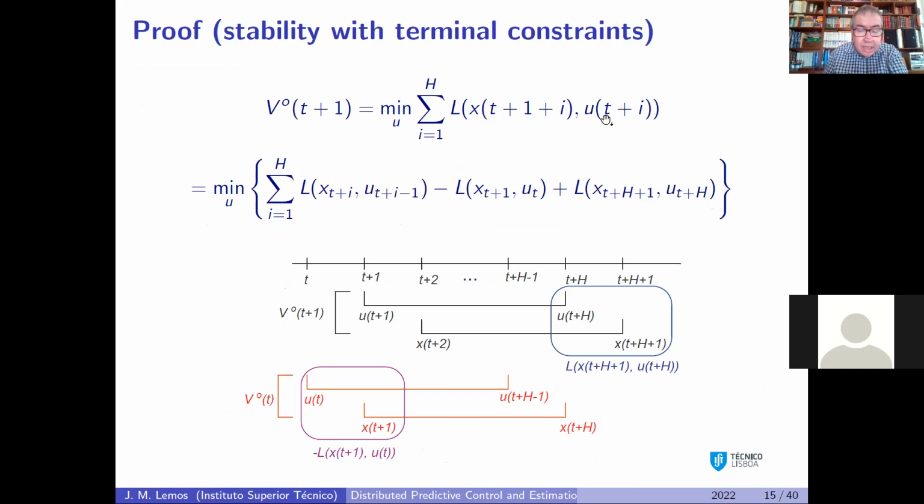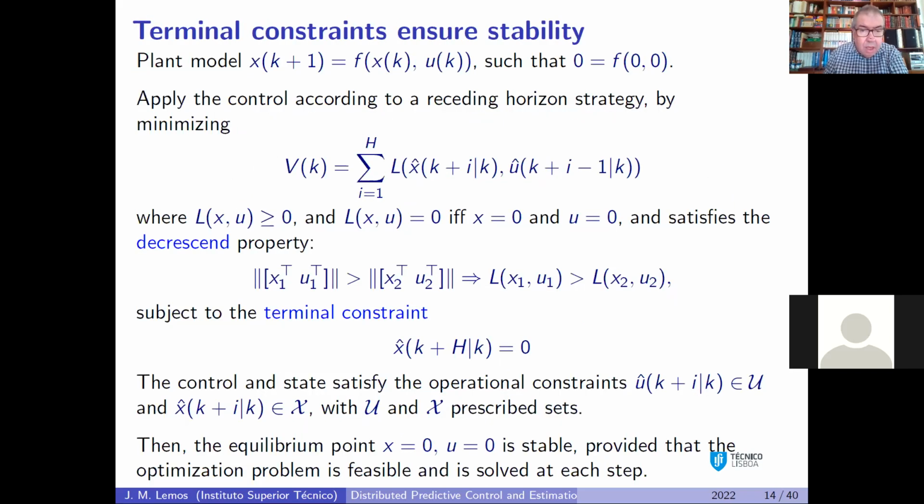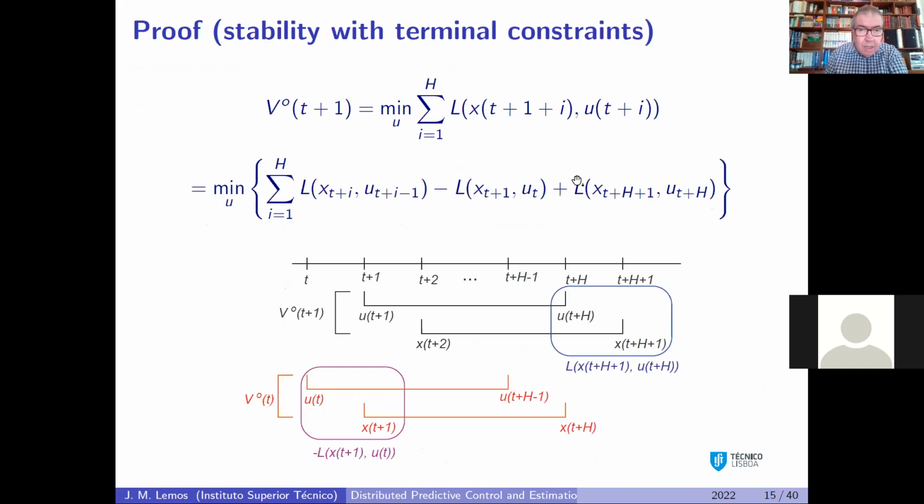Here I had t minus 1 plus i, so this becomes t plus i. Okay, so this is nothing more than writing the cost at time t plus 1, and then I minimize with respect to the sequence of u starting at t plus 1.